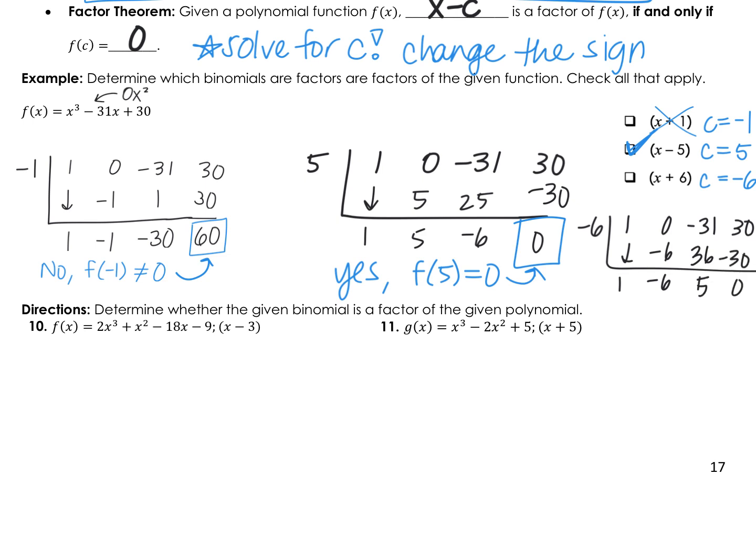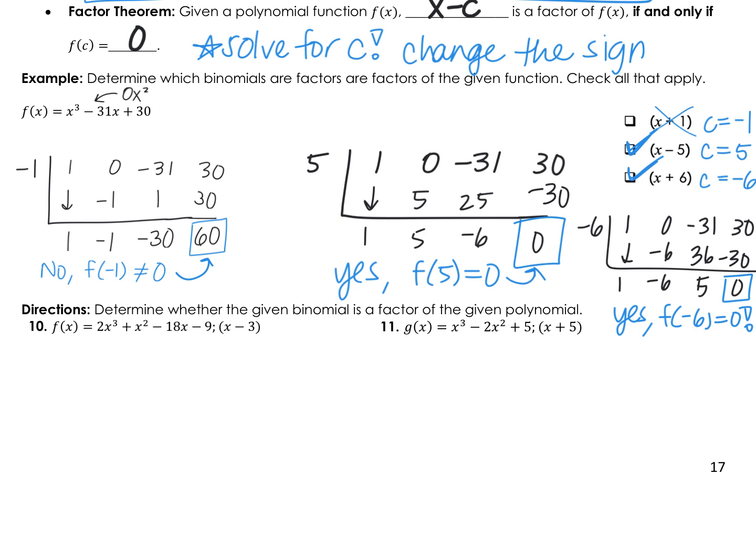Oh, that one works too. What a fun day. Okay. Yes, because f of -6 is equal to 0. So the last two work, the first one does not, since it gave you a remainder of 60, and well, that does not divide evenly then.